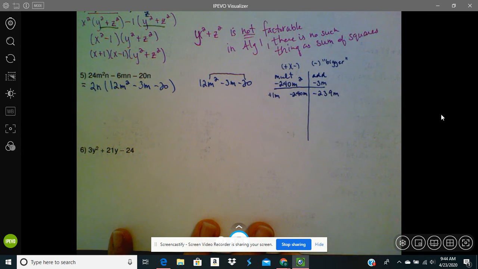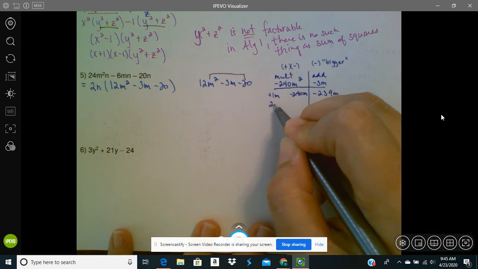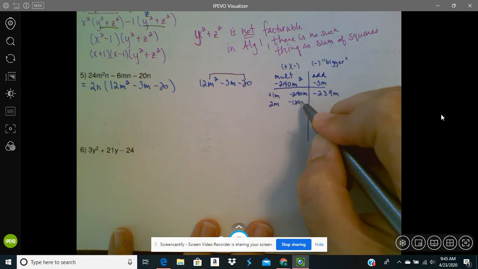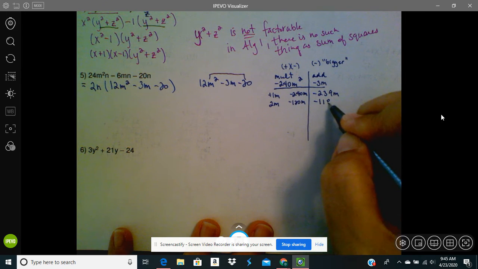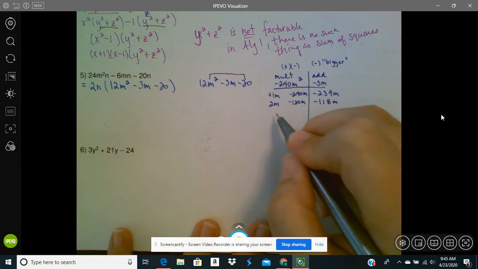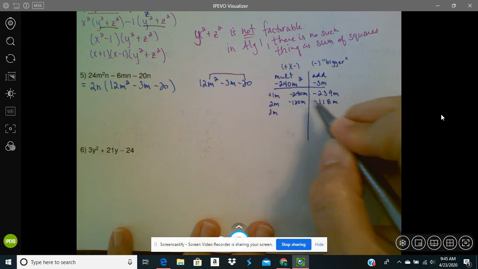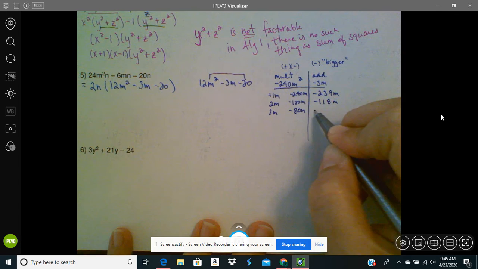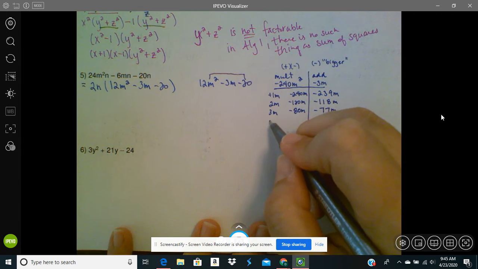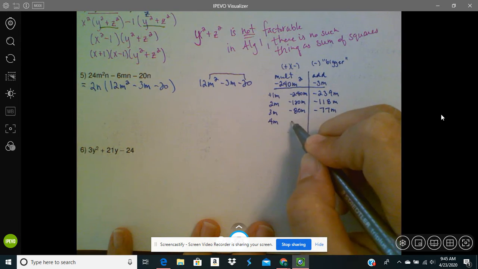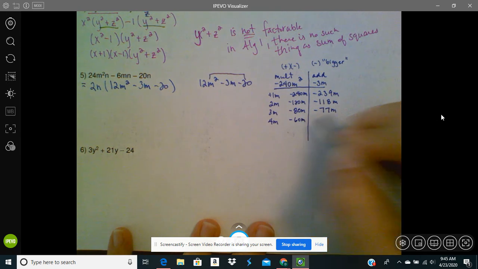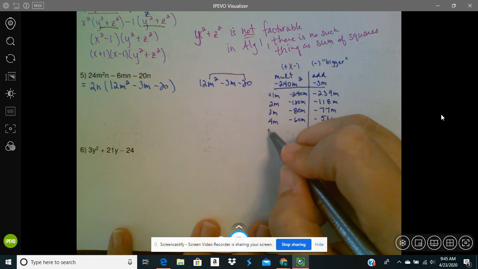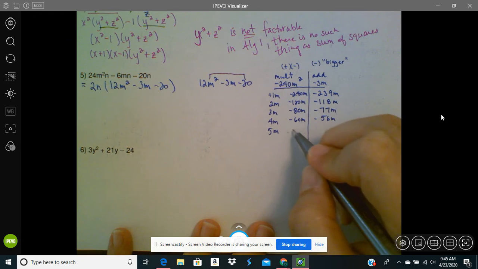Now, if you've already looked at the notes, you know this is going to take me a minute. 240 is 2 times 120. That adds to negative 118. This is also 3 times 80. This is 4 times 60. This is 5 times 48.